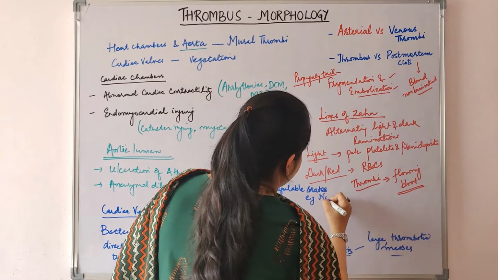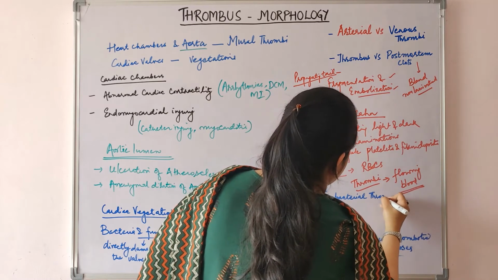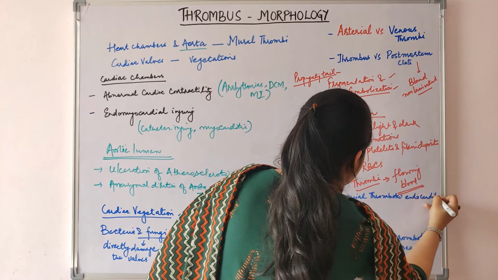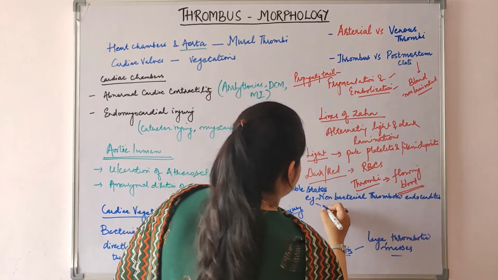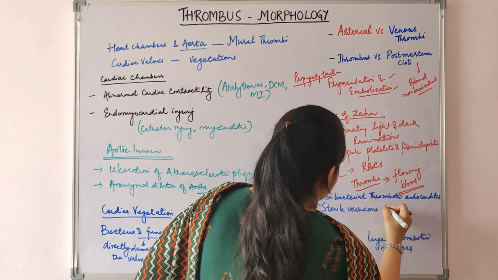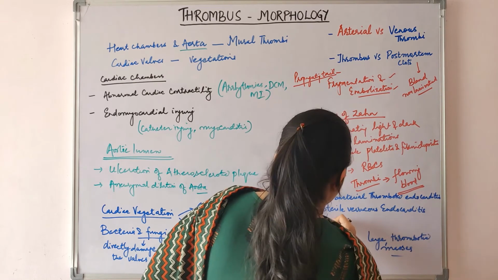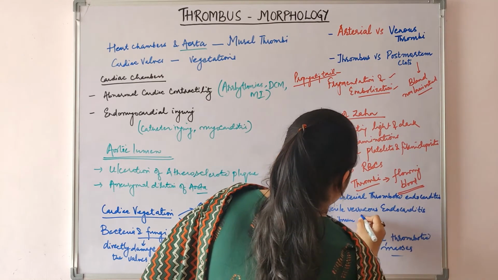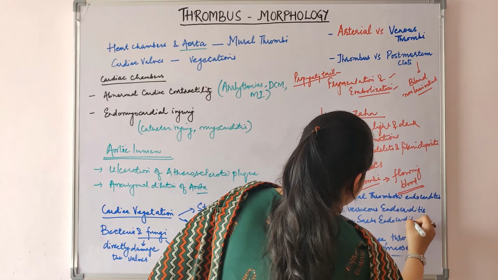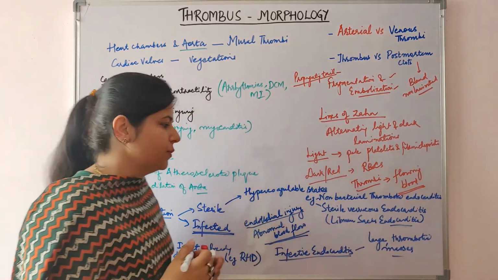For example, non-bacterial thrombotic endocarditis, sterile verrucous endocarditis, or Libman-Sachs endocarditis, which is seen in the setting of SLE, systemic lupus erythematosus.